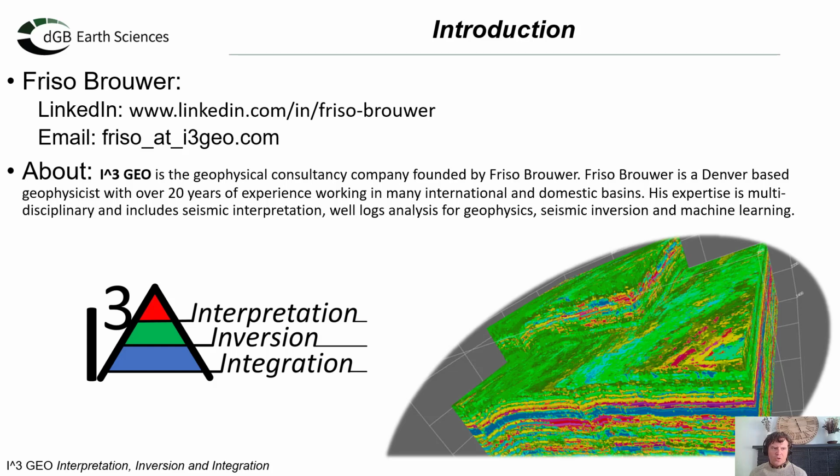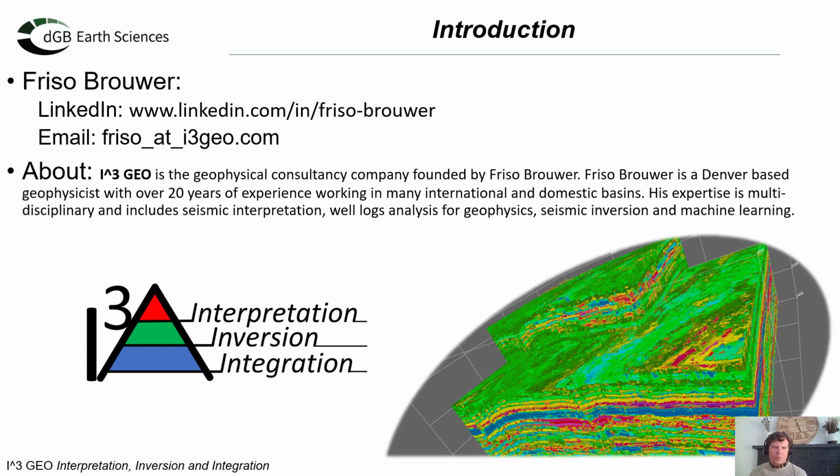The name of my consultancy is i3Geo, with the 3 I's standing for interpretation, inversion, and integration. Inversion stands for the ability to extract quantitative data from the seismic volumes using techniques such as seismic inversion and machine learning. Interpretation stands for the ability to convert seismic data to geological information.